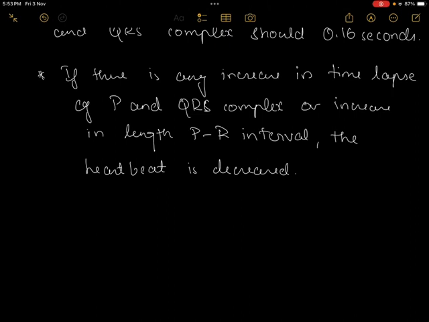So this is the key point which has to be remembered whenever we are classifying first degree heart blockage.